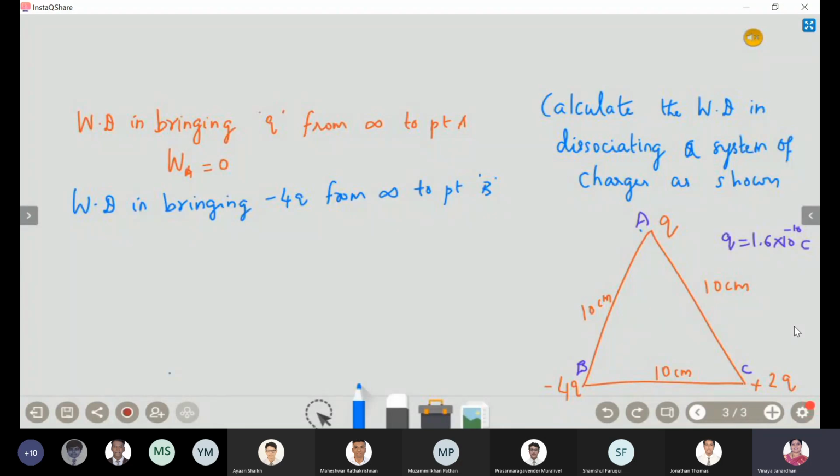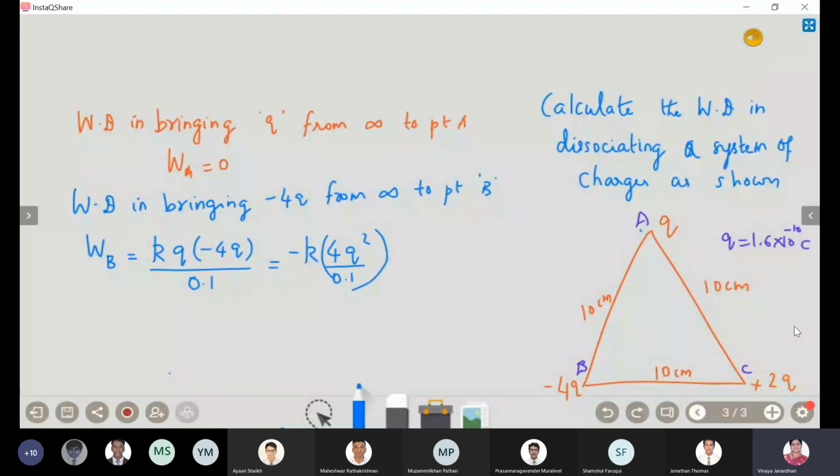So WB, I'll just put it as K itself, K Q1 Q2. Q1 is Q, Q2 is minus 4Q, divided by R. R is this distance, 10 centimeter, which means 0.1 meter, right? So this is minus K 4Q squared by 0.1.